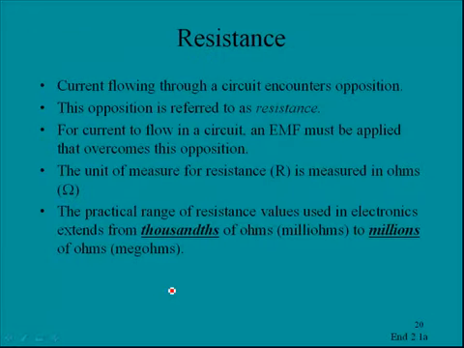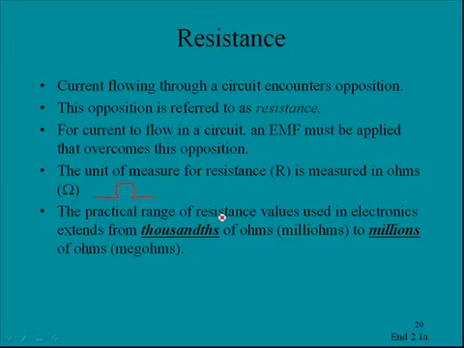Okay, resistance. Current flowing through a circuit encounters opposition. This opposition is referred to as resistance. For current to flow in a circuit, an EMF must be applied that overcomes this opposition. The unit of measure for resistance is ohms, and this little symbol right here is the unit for ohms.